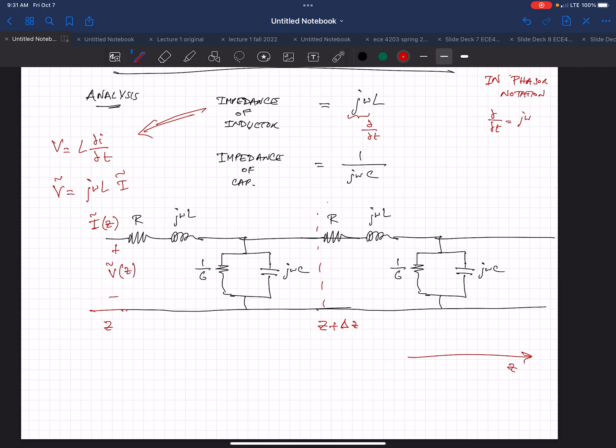Here we're going to have I at Z plus delta Z and V at Z plus delta Z.